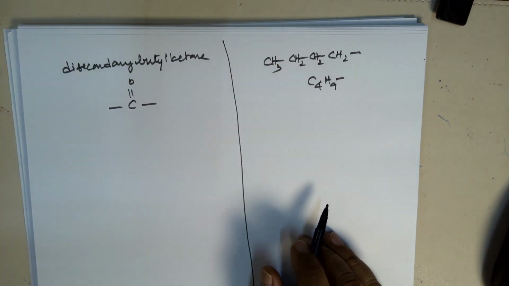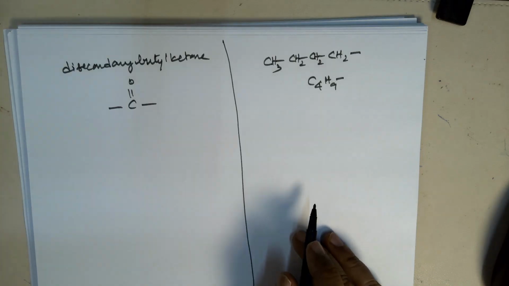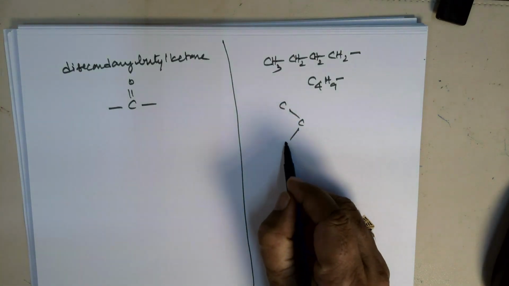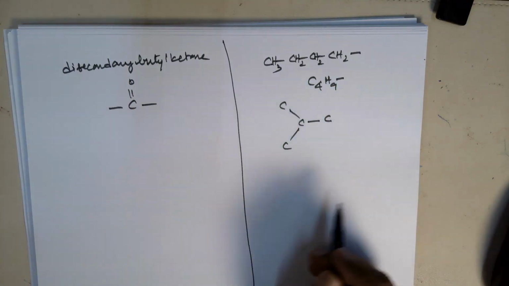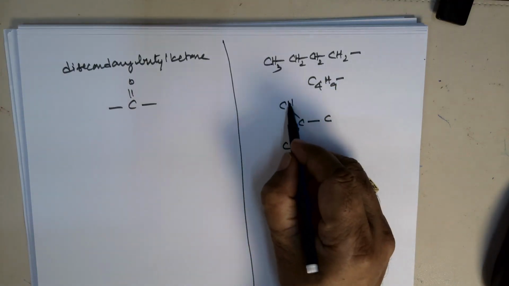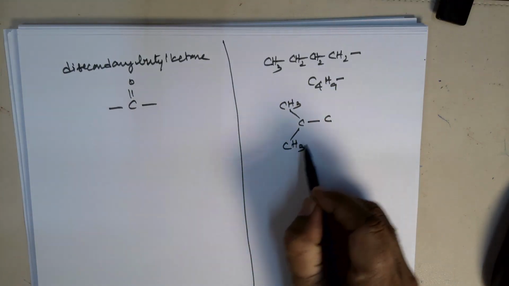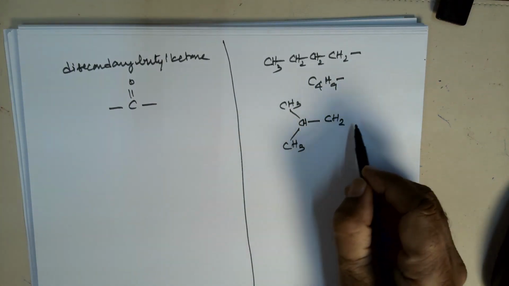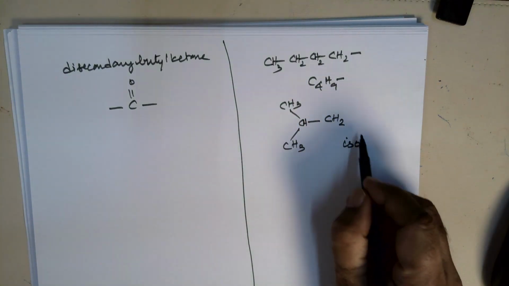This is n-butyl. Isobutyl means similarly branched like this, with four covalents. So CH3, CH3, CH2, CH. So this is called isobutyl.